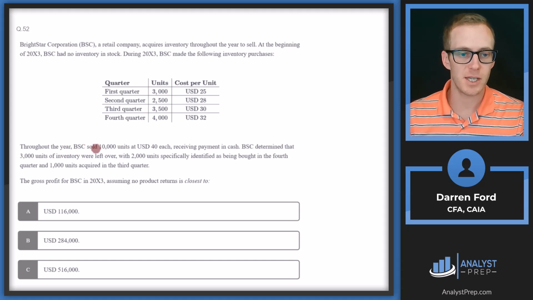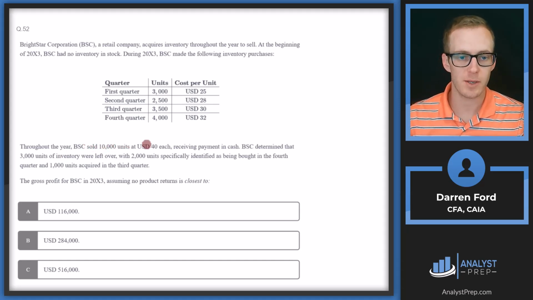Throughout the year, BSC sold 10,000 units at $40 each, receiving payment in cash. BSC determined that 3,000 units of inventory were left over, with 2,000 specifically being identified as being bought in the fourth quarter, so 2,000 from here, and 1,000 acquired in the third quarter, so from here. So we sold all the units from the first and second quarter, it sounds like.